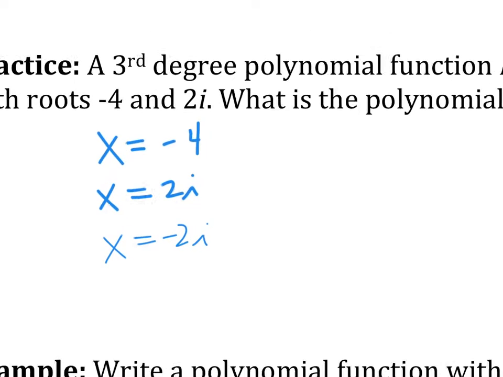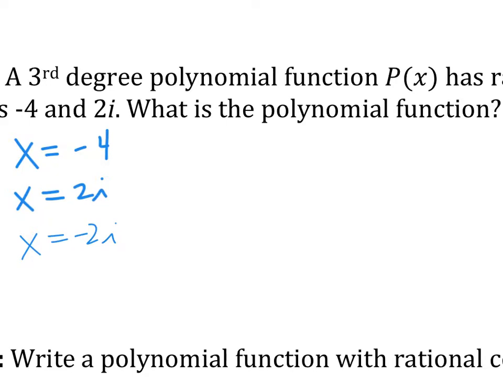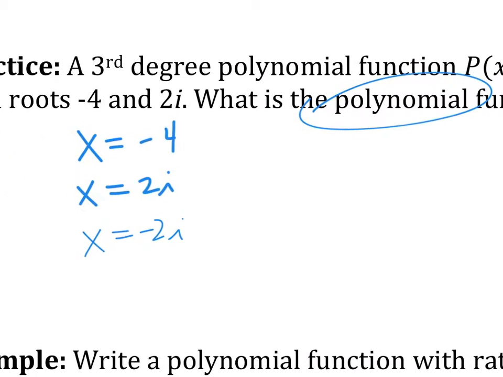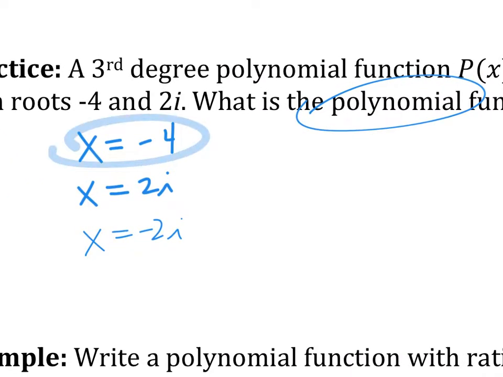All right, now we are going to find the polynomial function, which a lot of you missed on the quiz. Polynomial function means we are going to multiply a lot of factors together. If the root is minus 4, what is the factor? Factor means you start with x and then you subtract. X plus 4. You always subtract the root.